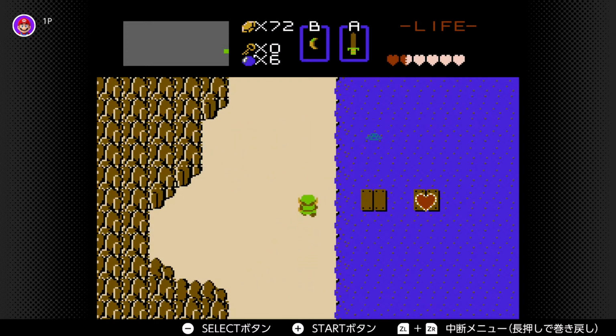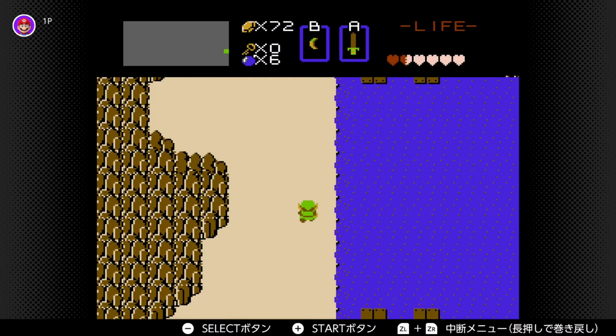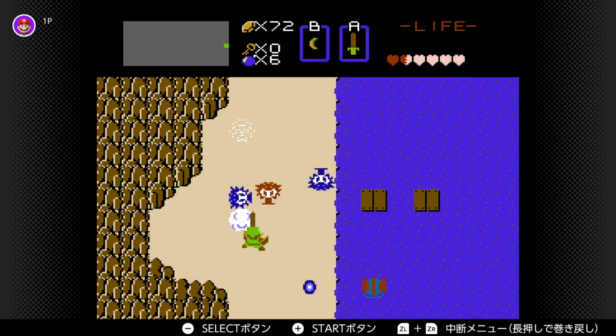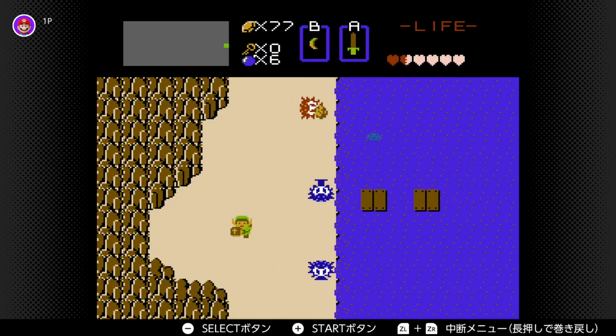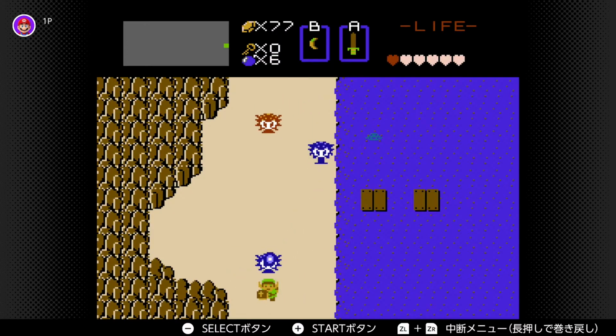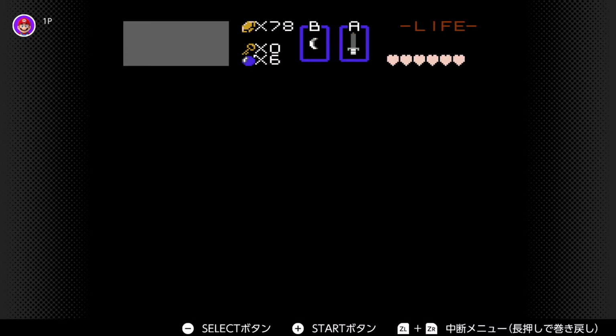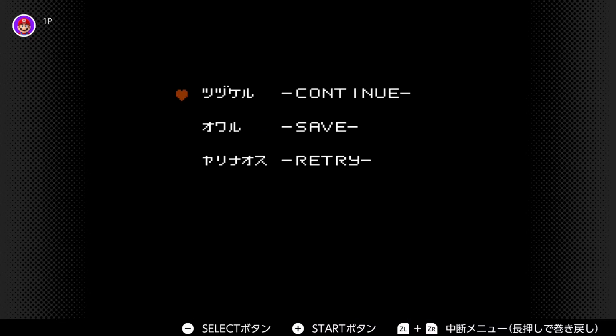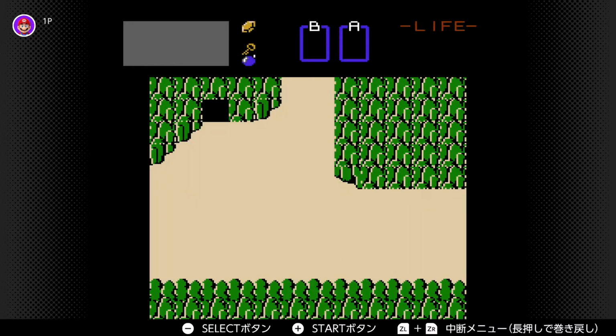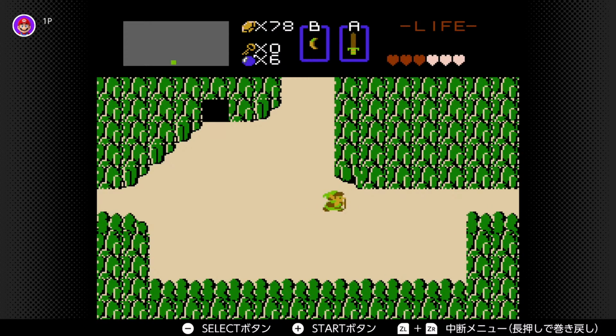Okay. Oh, some bombs. Nice. Those are always nice to get, so we don't have to buy them. Okay. Oh boy. About to die. We are about to die, of course. And we died. Let's get back there.